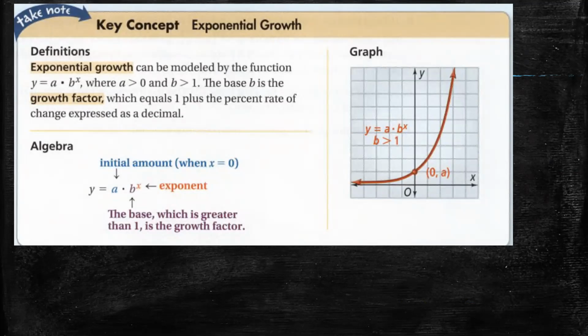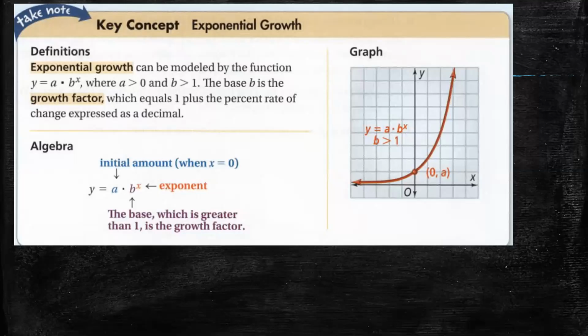Now, exponential growth can be modeled by the function y equals a times b raised to x. So it has to be y equals a times b to the power x. Now, what is a and what is b?